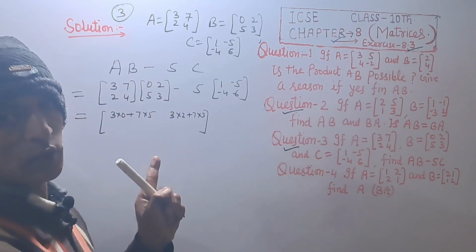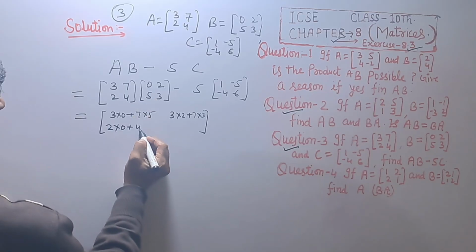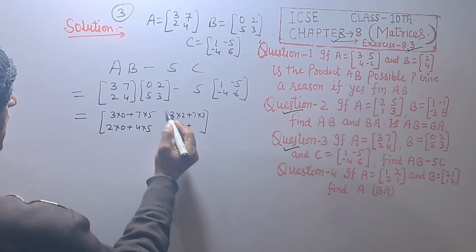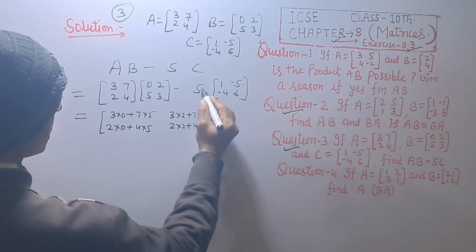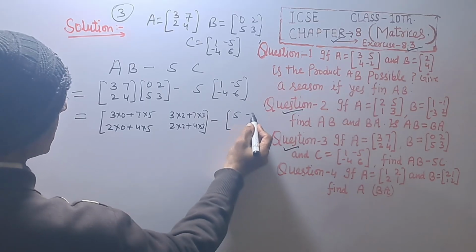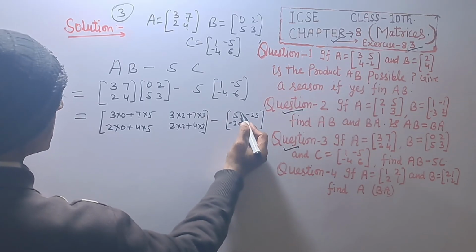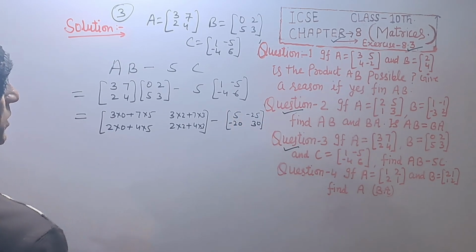Second row, second column: 2 into 0 plus 4 into 5. 2 into 2 plus 4 into 3. Minus 5 multiplied by 1, 5, minus 25, minus 20, minus positive 30.